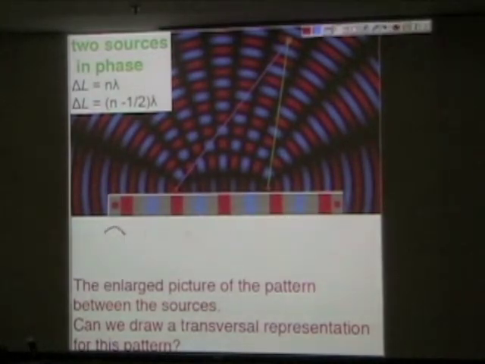If you have two sources which are in phase, right in the middle between the sources, at this point, we will always be observing. If you think maximum, think 1. If you think minimum, think 2.